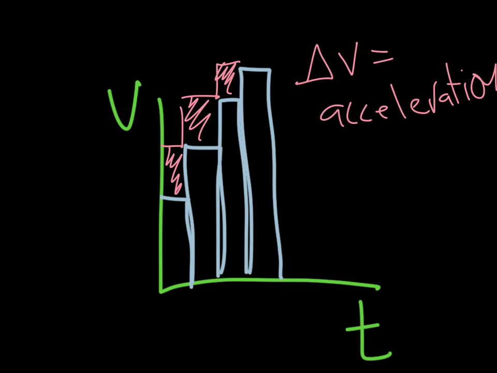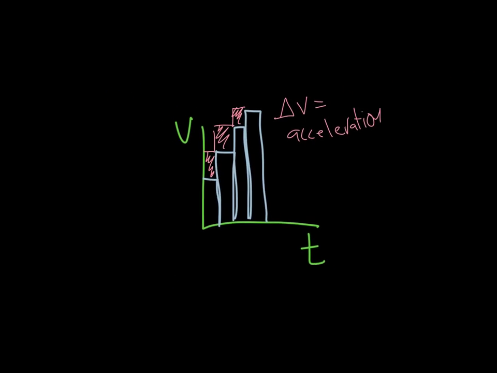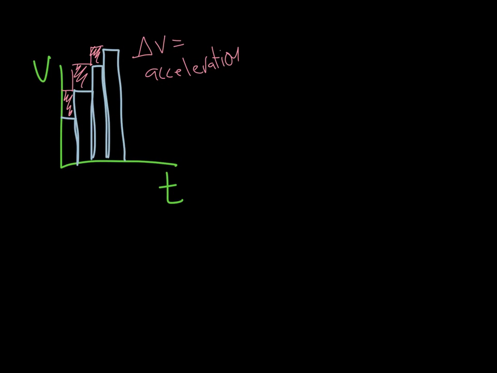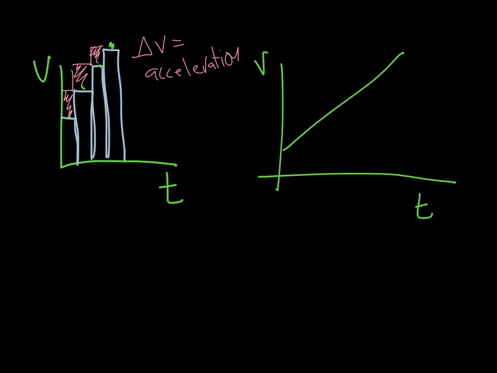Now, that's rather important that you get that that's what it is, but let's talk about what that actually means. Let's say for a second that instead of bars of paper, I had little dots. And so we could have our velocity time graph, and it would look something like that.